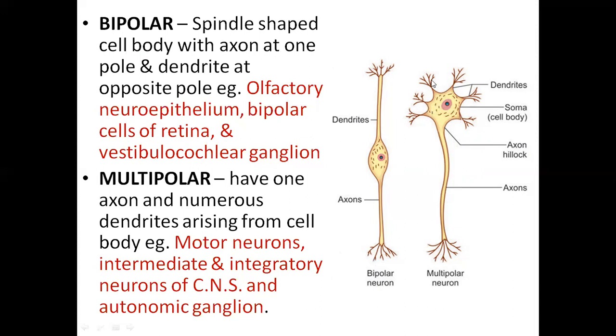Then the multipolar neuron is the chief neuron, spread out in the CNS and PNS, in the brain and also in the spinal cord. The multipolar neuron has one axon and many dendrites arising from the cell body. Examples are motor neurons, intermediate neurons, integratory neurons of the central nervous system, and autonomic ganglia.